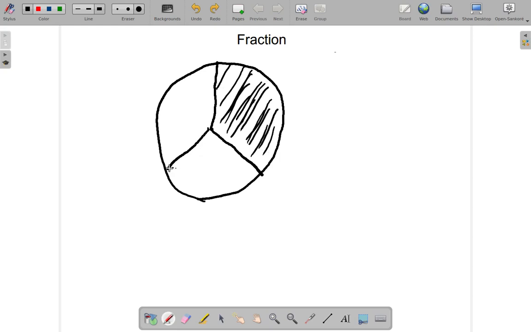Let's say this is a cake, a bulla, and I want to eat this portion. There are 3 of us, and it's shared equally between all 3 of us, and I eat this portion. What fraction did I get? I get 1 part out of a total of 1, 2, 3 equal parts. You see that? I get 1 part out of 3 equal parts.